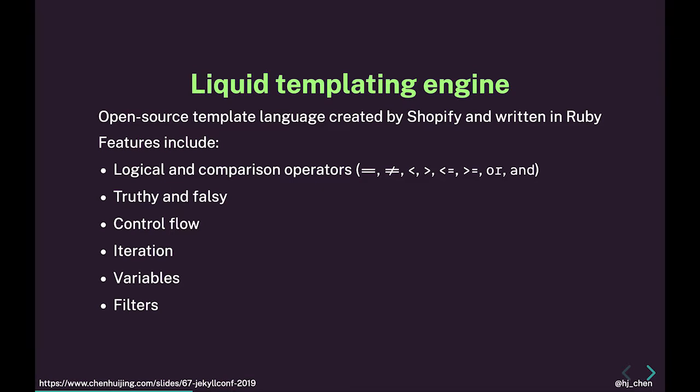Some of you might notice that there's an omission here, but we'll talk more about that later on. Then of course we have truthiness, we have control flow, iterators, we have variables and filters. Again, all these are very typical in many templating engines, but there are some Liquid-specific behaviors and limitations that we do need to wrap our heads around and understand so we can work more efficiently with it.